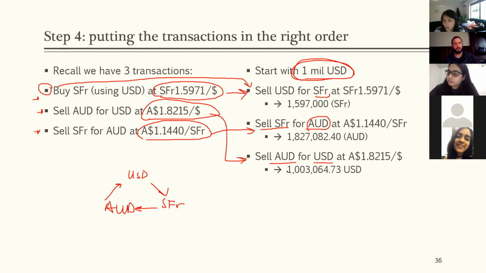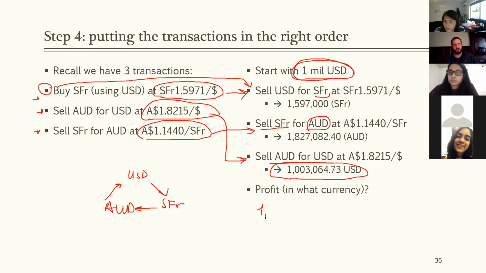So to compute the profit of this strategy, I'm going to take the final outcome, which is 1.003 million USD. And I'm going to deduct that with the initial starting point, okay?